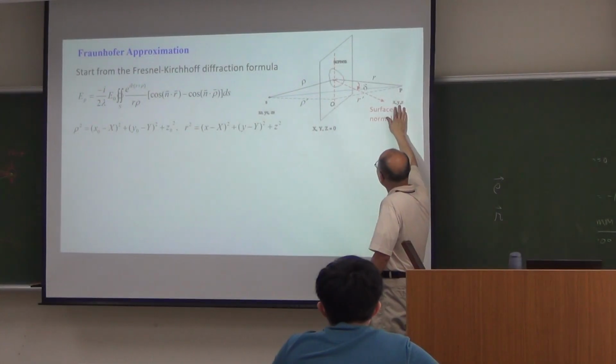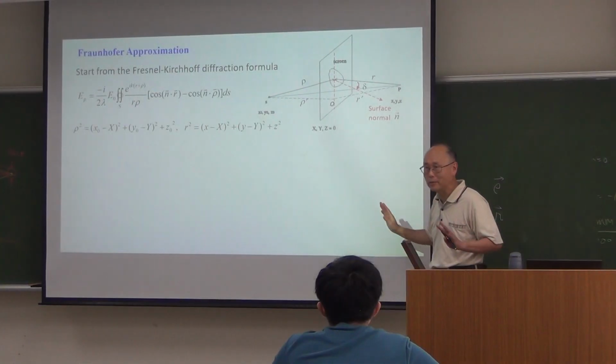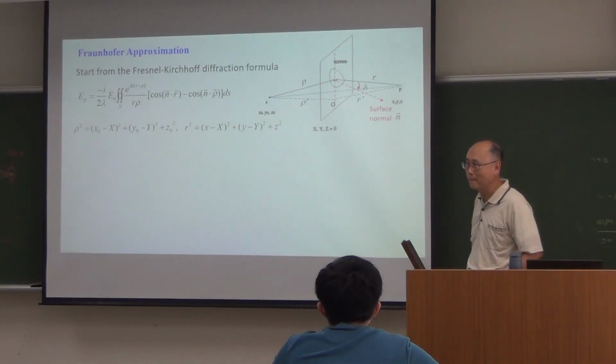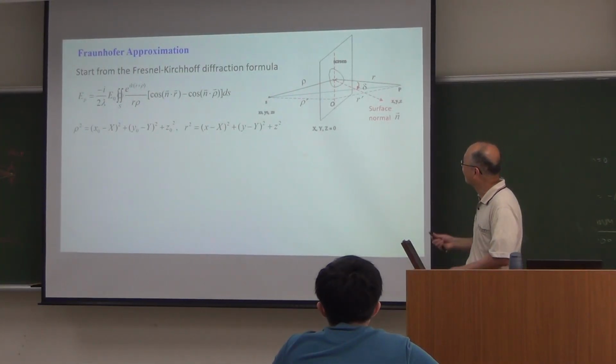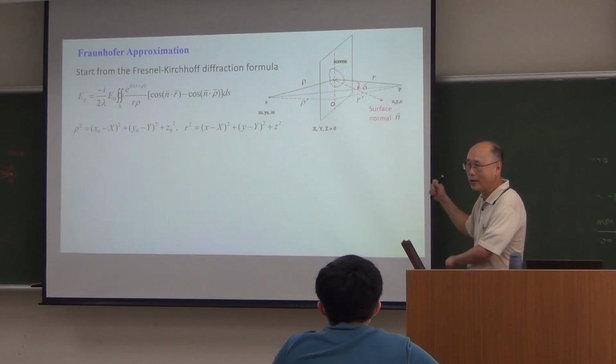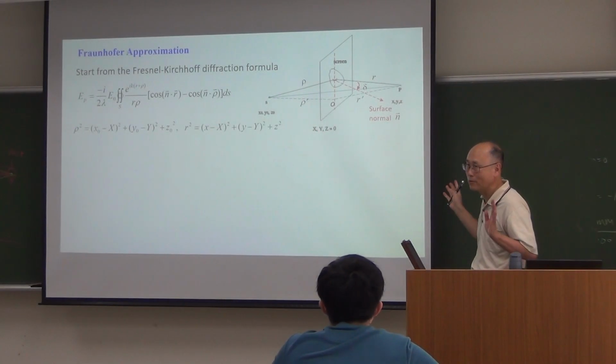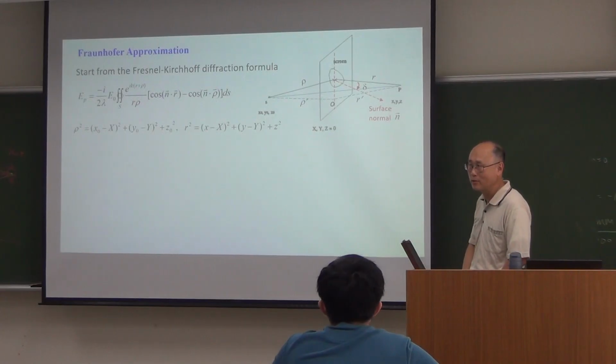You can put small x, y, z here, or big X, Y, Z here. It doesn't matter, it's just a label. So you define the coordinate of this aperture with x, y, z. In fact, in the next section, I'm going to put the big X, Y, Z here. It really doesn't matter. You just need to keep track of your definition. And for this source, let's put x0, y0, z0. Any question about this?